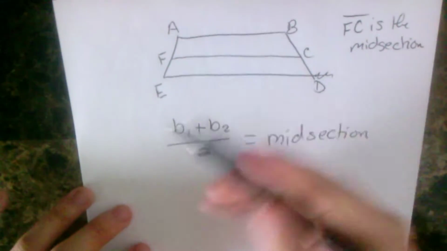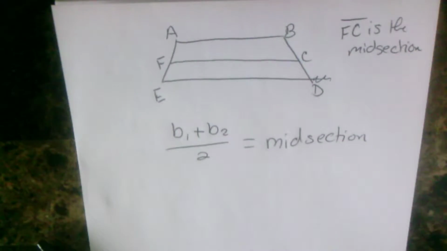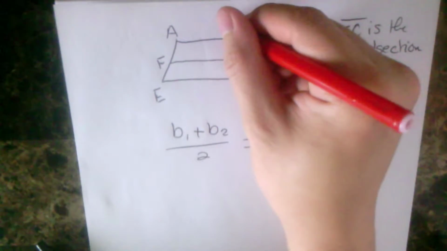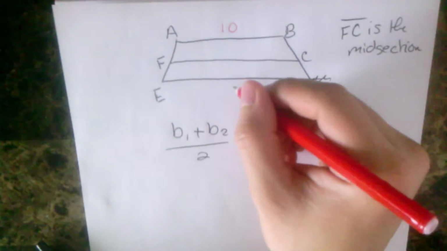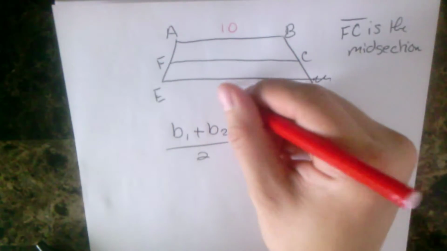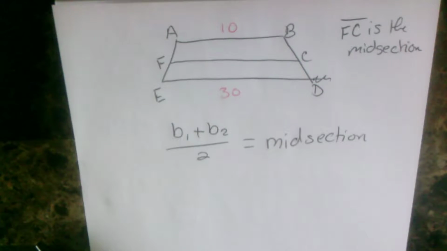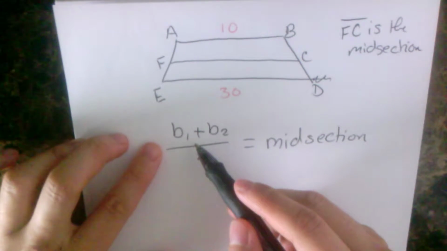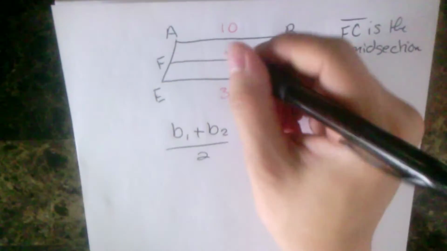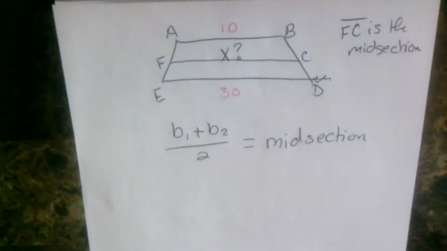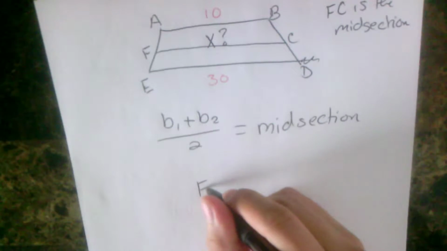All right, so let's apply some numbers. Let's go ahead and give some values. Let's say that AB is 10 and ED is 30, something like that, okay? And so these numbers are going to work out really pretty. Let's do it. And we need to find FC. So we don't know what FC is.